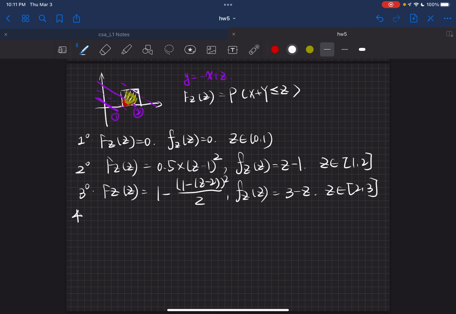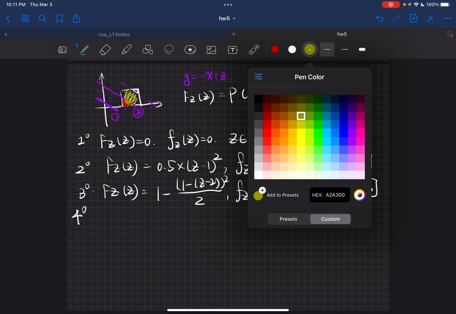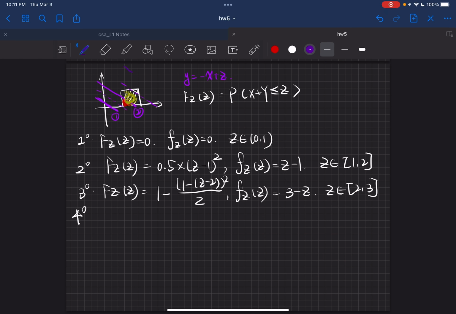And the last case is that the line is here, and this is case 4. In the last case, the distribution function is 1 because all the white area is below this purple line.